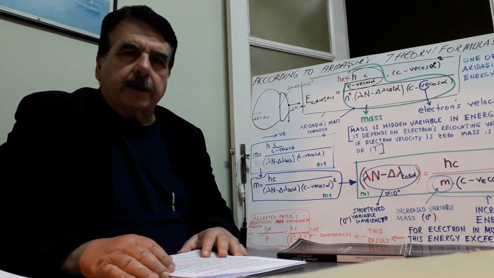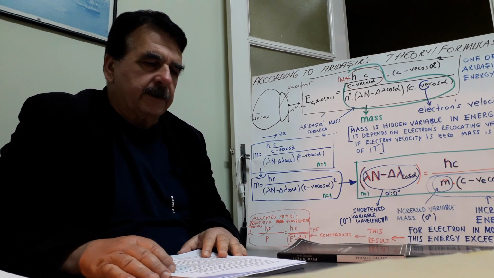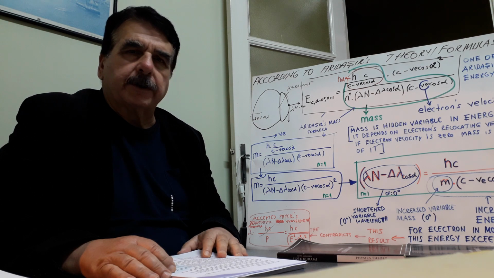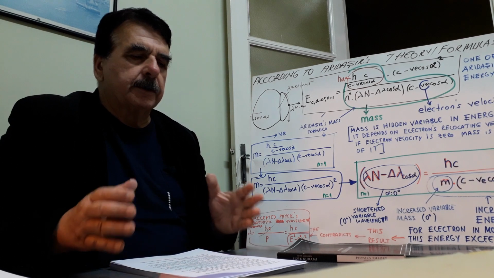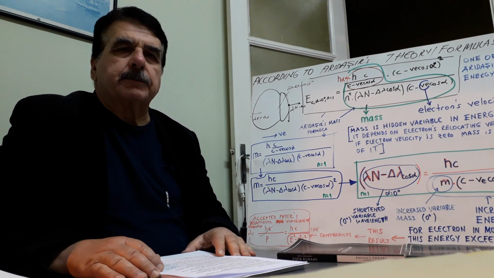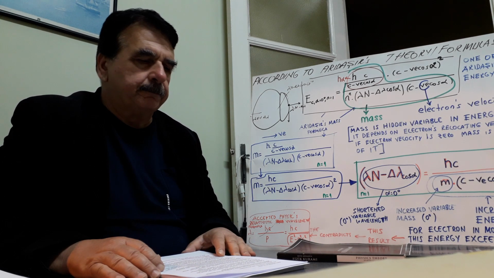According to my theory and my formulas, physical constants are photonic hidden variables of the electron motion forms in meta-sensation perception matter.